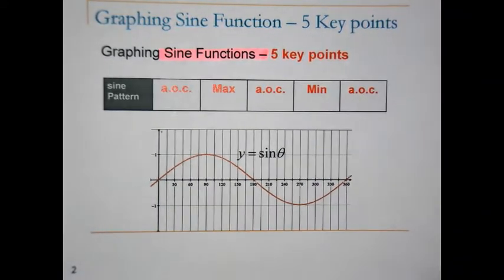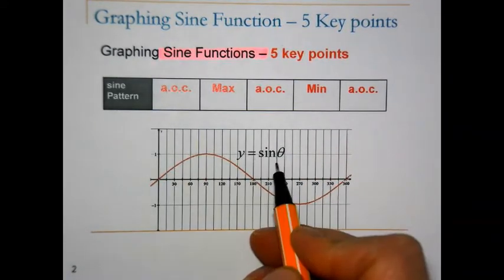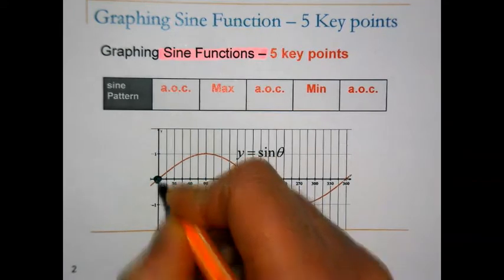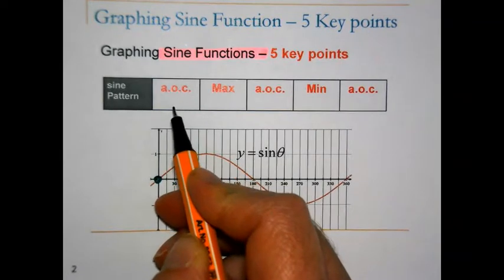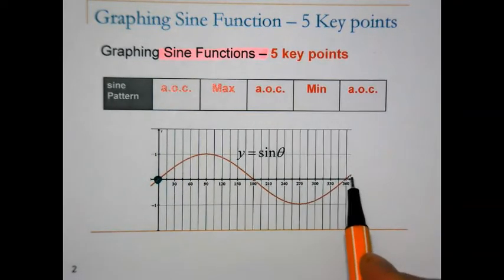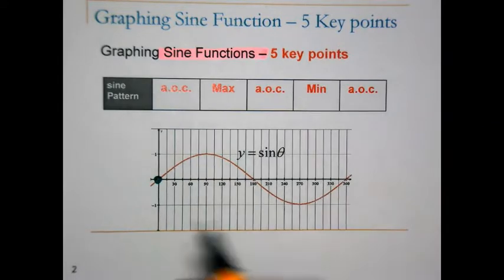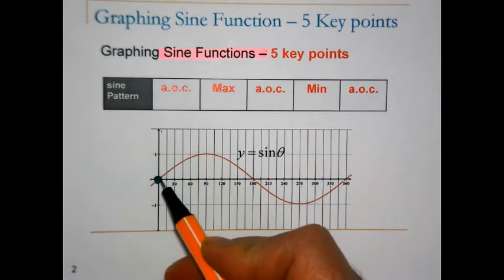It is a pattern that you have to remember: when we want to graph the sine, you always start from where the axis of curve is. Sometimes for the basic function, the axis of curve is the same as the x-axis, but remember that if the axis of curve moves up or down, this point is going to move with the axis of curve.